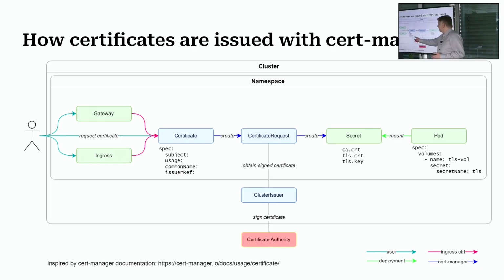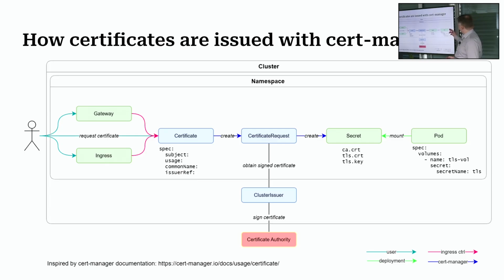Then we specify the name, subject, etc. Then the cert-manager operator will create the certificate request, and with the cluster issuer or issuer that we have configured, it will go to a certificate authority to issue the certificate, and then creates a secret where we have the TLS certificate and key.